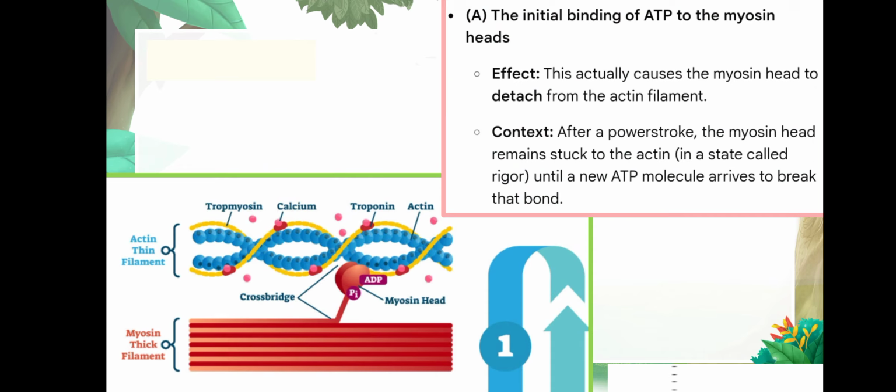After a power stroke, the myosin head remains stuck to the actin in a state called rigor. After the power stroke, the myosin is stuck to the actin molecule until a new ATP molecule arrives, which breaks the bond and it reattaches again. So this is not the power stroke.